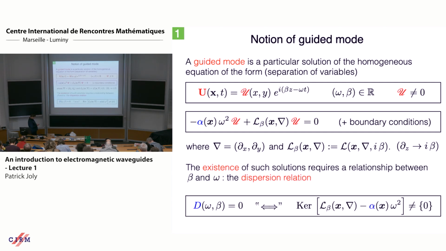And what you have to realize immediately is that for such solutions to exist, you need some relationship between omega and beta, which is called the dispersion relation. Very formally, these dispersion relations can be expressed by the fact that this operator has a non-zero kernel, and so it is a condition on omega and beta.